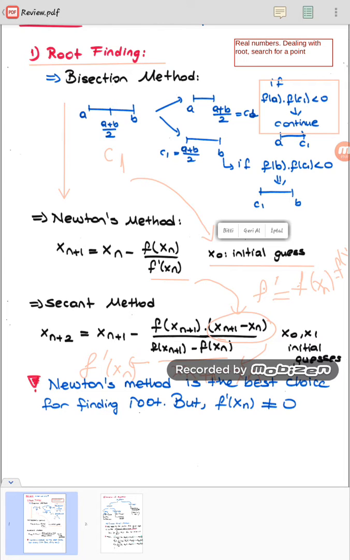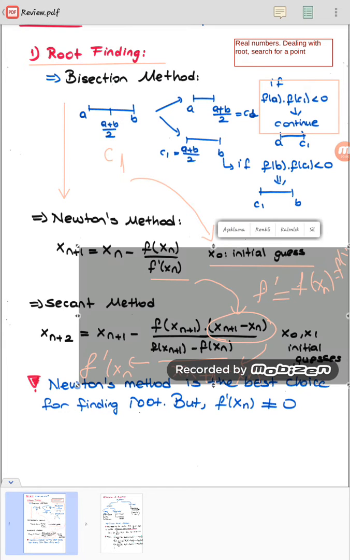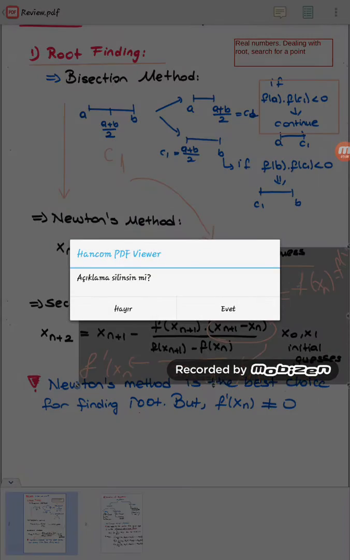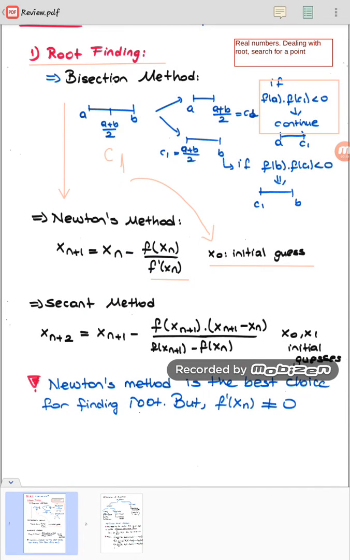So instead of the derivative, we use an approximation for the derivative. It helps us overcome the problem where f prime is 0, or where the function is sometimes differentiable and sometimes not.